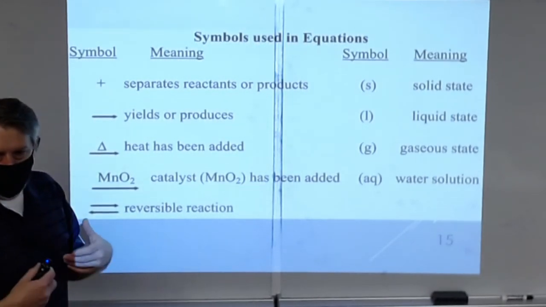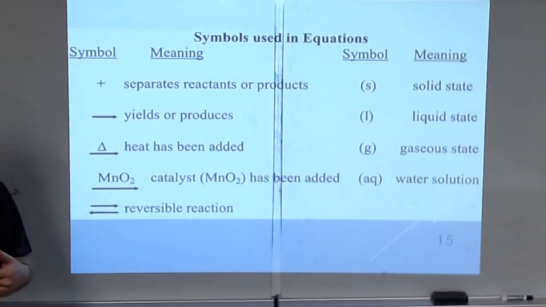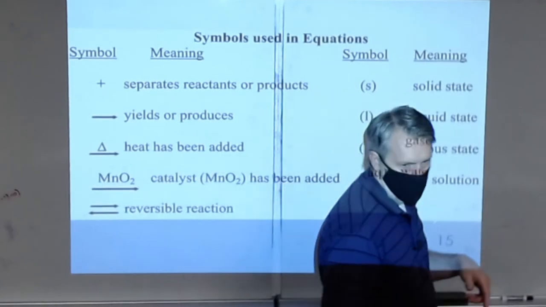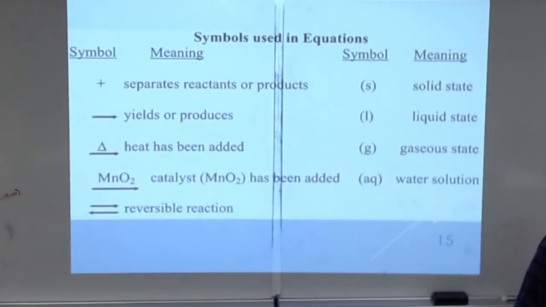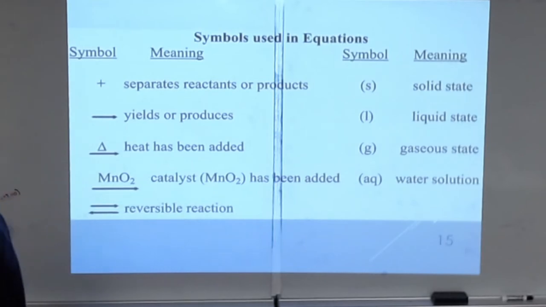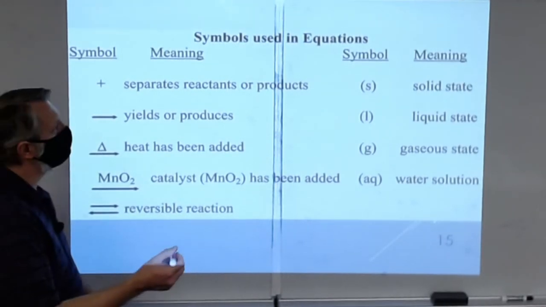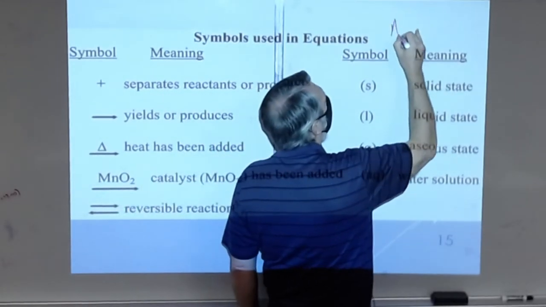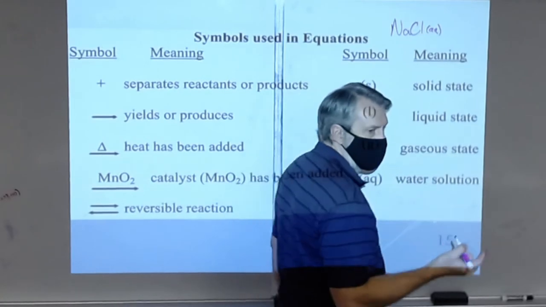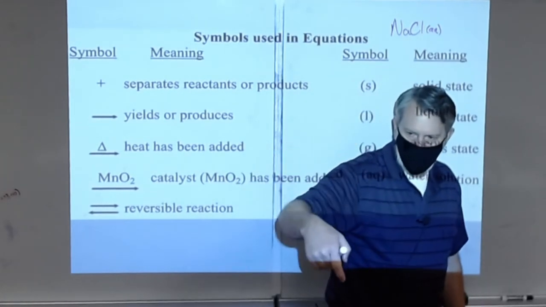Aqueous, this is a solution. When I say something's aqueous, what I'm saying is it's surrounded by water molecules. It's not interacting with the water molecules, but it's surrounded by them. So if I say NaCl aqueous, what that tells you is this is salt that's in water.